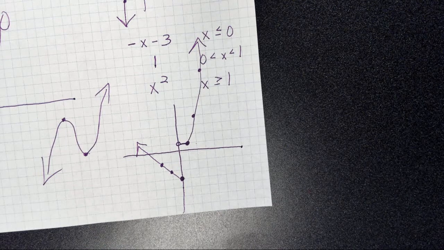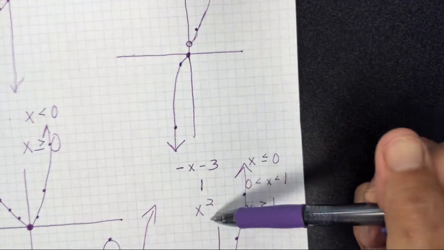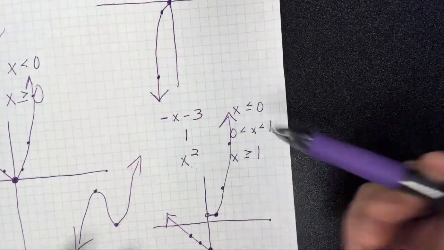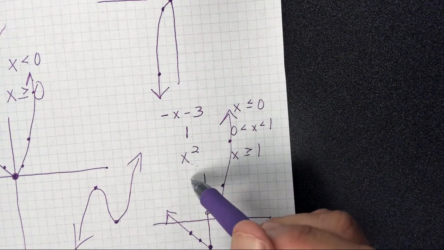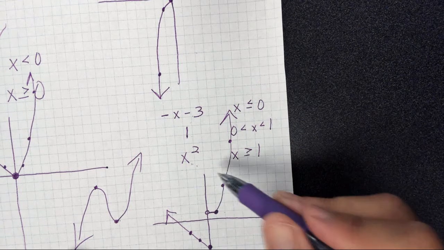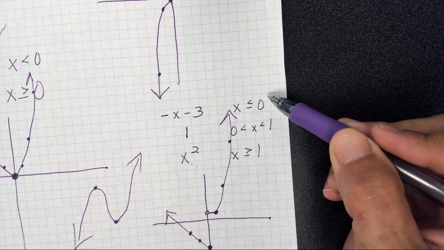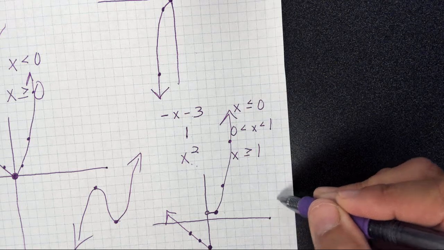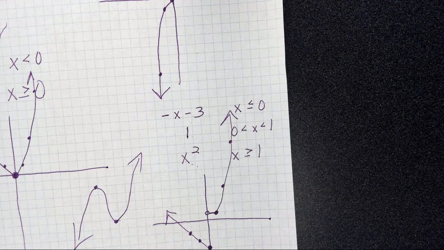So those are called piecewise functions because you graph different pieces. Now, the one that's probably the trickiest in pieces is your parabola. Because if you are not past your vertex or at your vertex, do you need to make sure you come down before you start going back up? So you might have to plug in extra points.